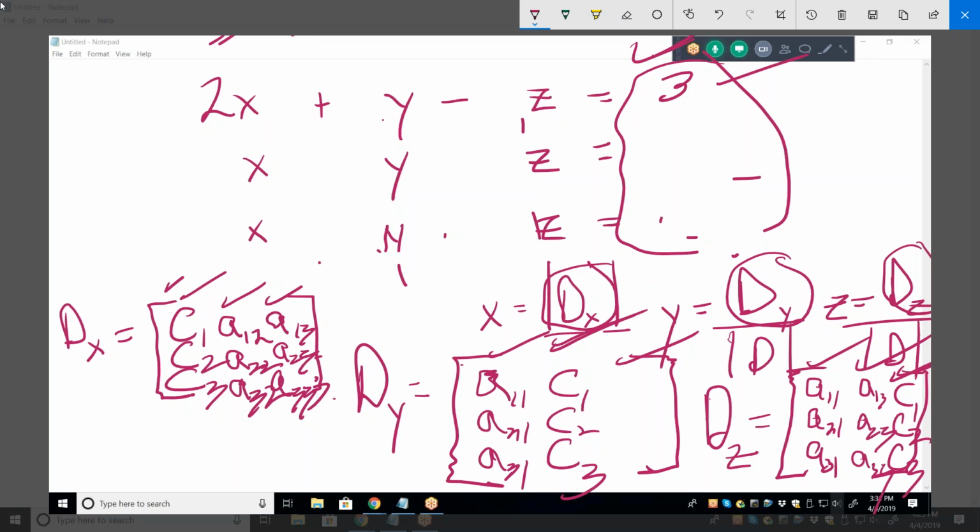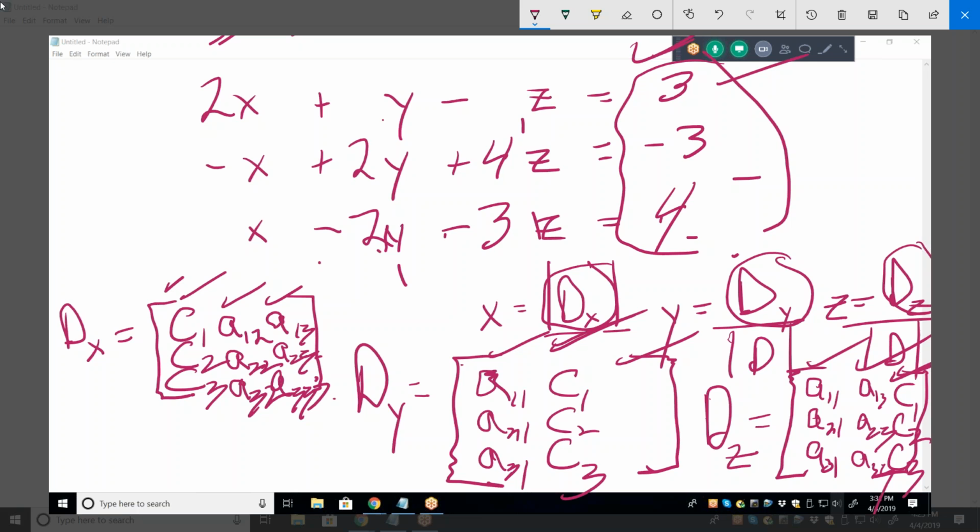Second one is minus x plus 2y plus 4z equals minus 3. And the third one is x minus 2y minus 3z equals 4. So there's our system of equations.